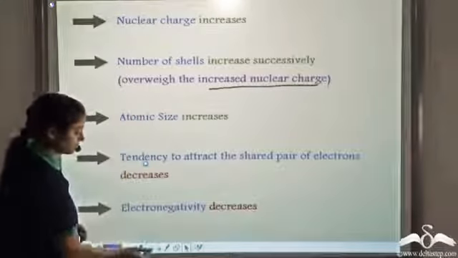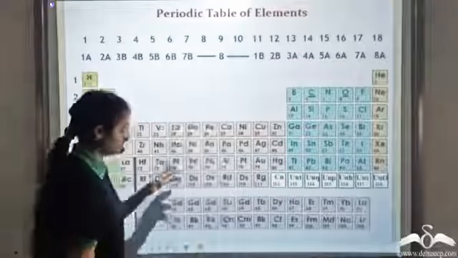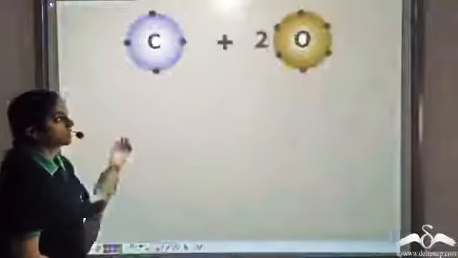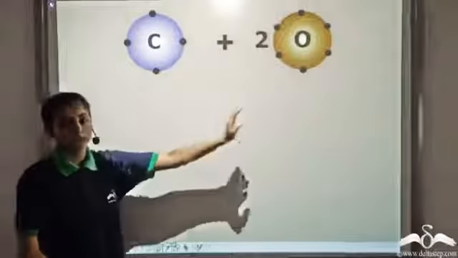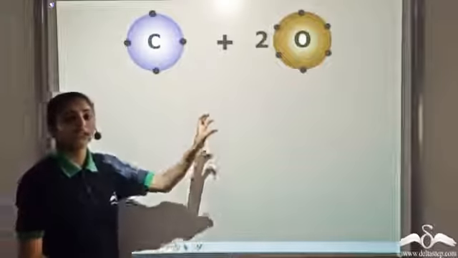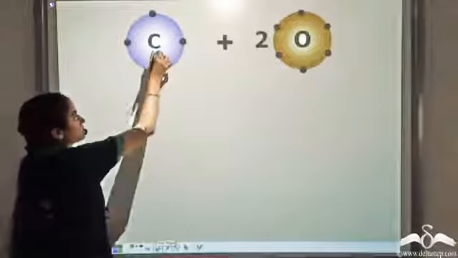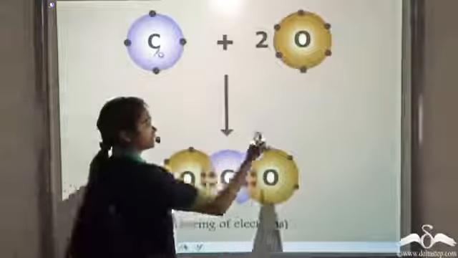Let's come back to our question. Is it carbon which can attract the shared pair of electrons towards itself, or is it oxygen that can pull the electrons? Let's locate carbon and oxygen in the periodic table. Here is carbon, here is oxygen. We know that when we move from left to right in a period, the electronegativity increases.